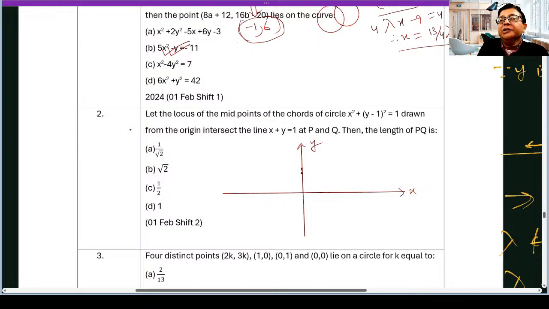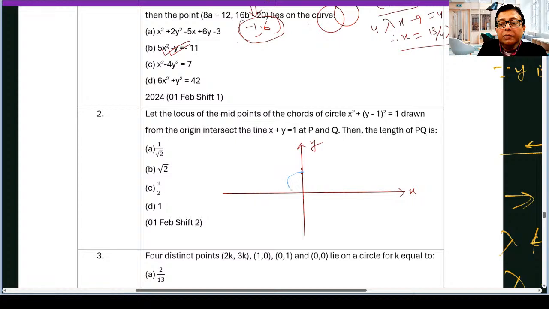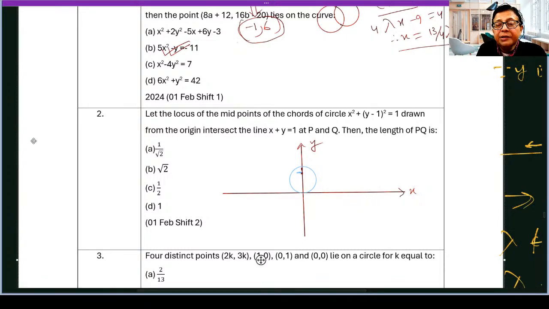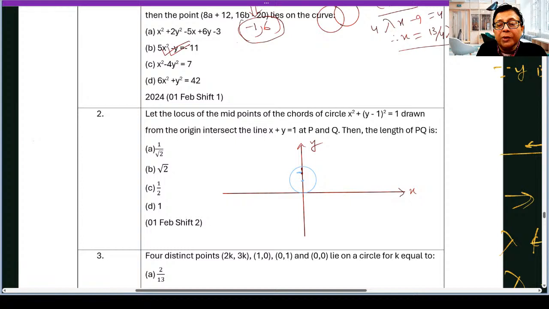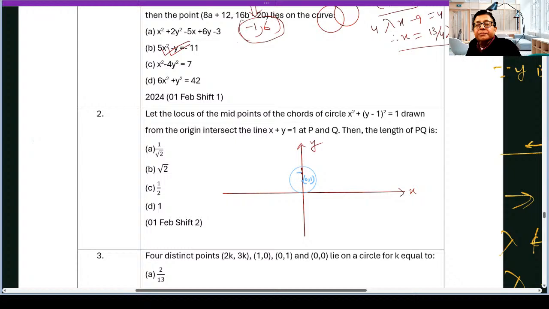So the circle is going to be like this, passing through the origin and having center at the point 0, 1. Okay?